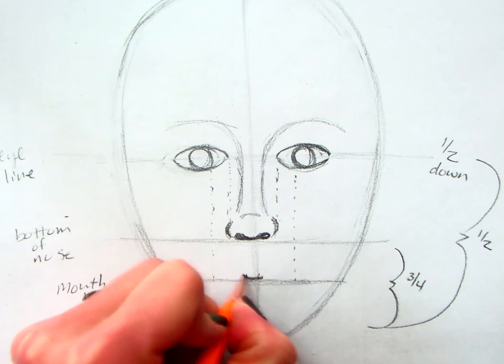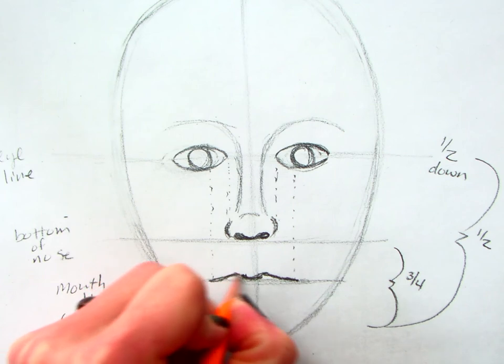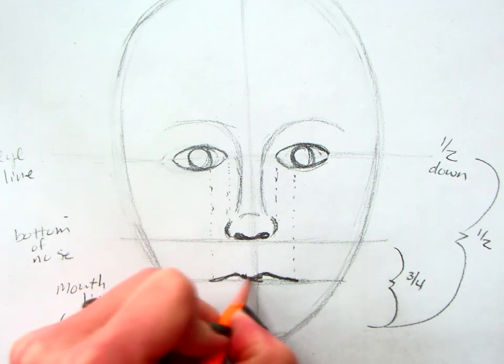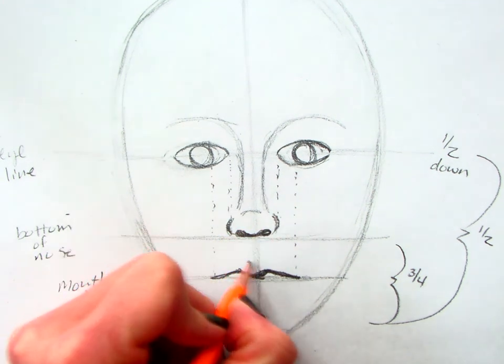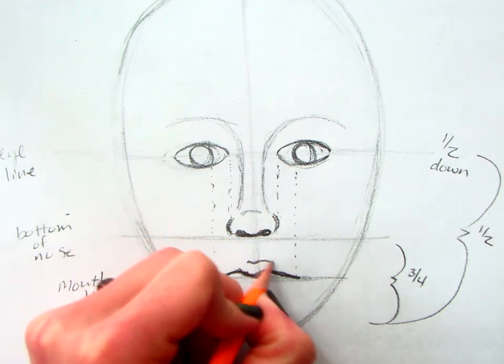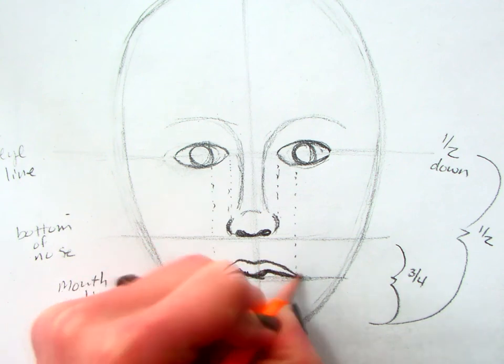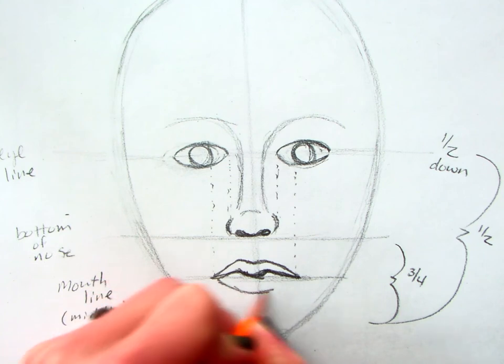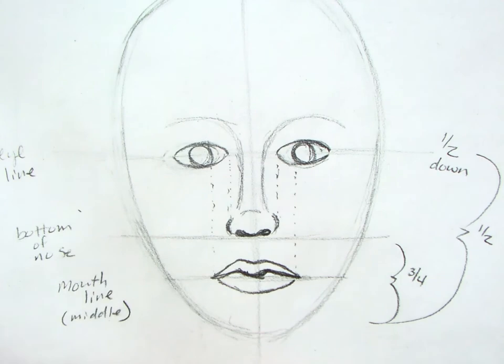Okay, so this is the middle of the mouth. This is going to come out like so. Get it nice and centered. I'm running out of time, so I'm rushing. Bottom mouth. So that should be about the width of your mouth, okay?